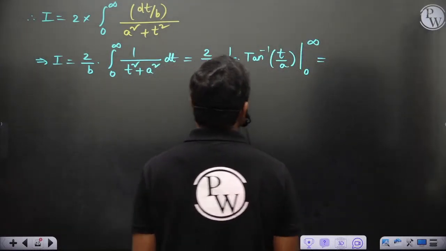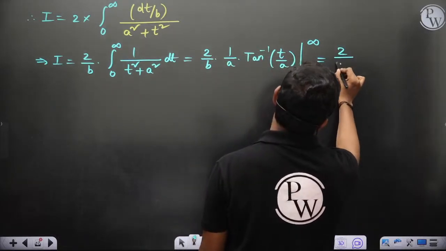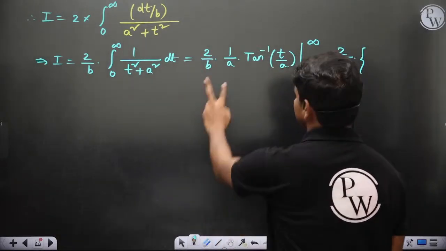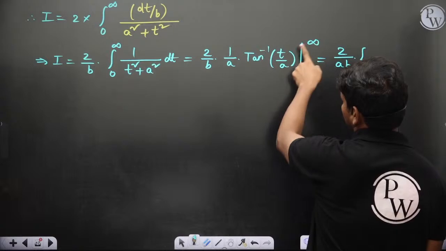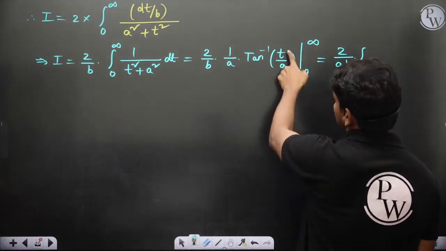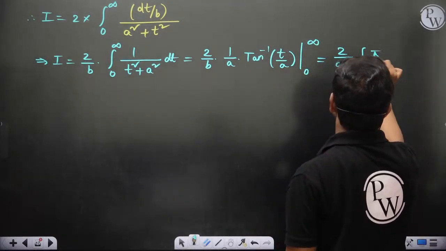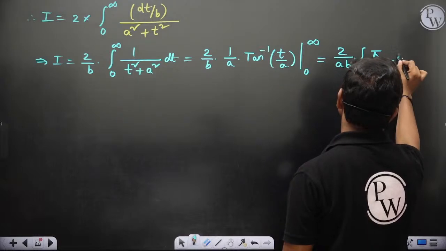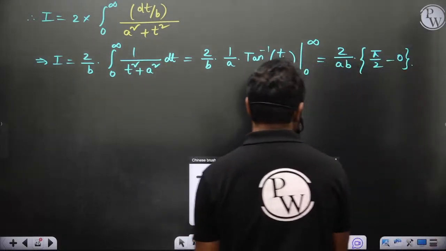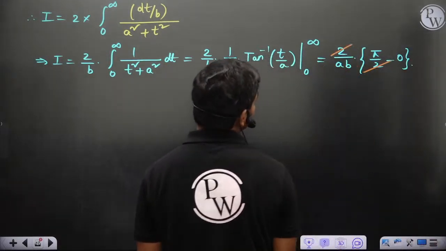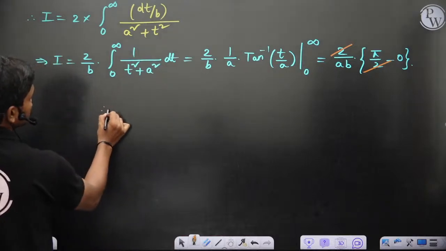So this value is 2 by ab into tan inverse of t by a, since a and b are constants. When you put infinity, tan inverse of infinity gives pi by 2, minus tan inverse of 0, which gives 0, of course. Ultimately this 2 and this 2 get cancelled, so pi by ab is the actual answer.